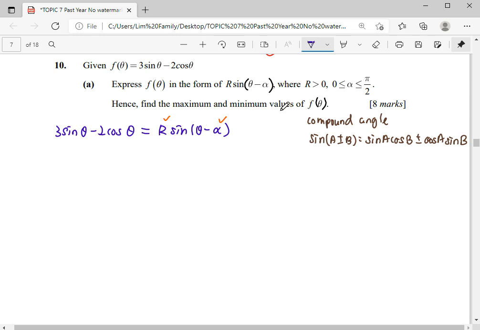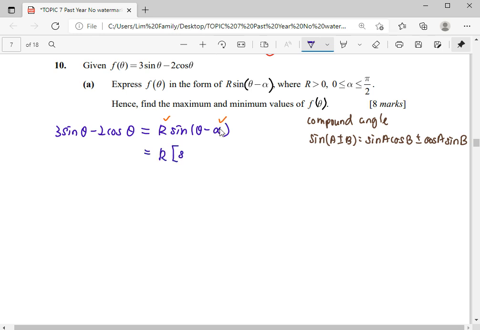Where our A here is theta. When it takes the operation minus, it means sine (A minus B), you will get sine A cos B minus cos A sine B. So alpha will be our B. So we use our compound angle formula, expand our compound angle.